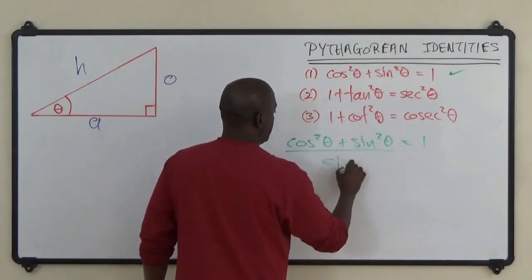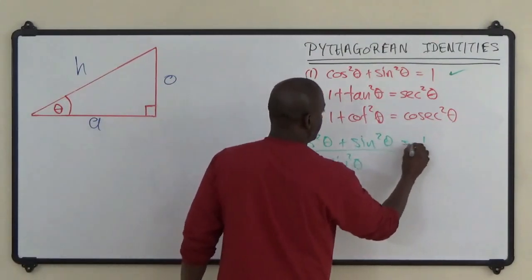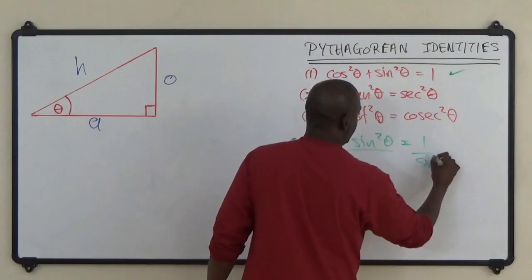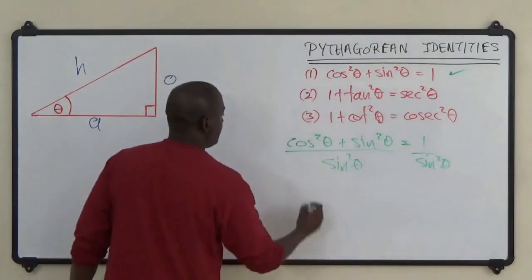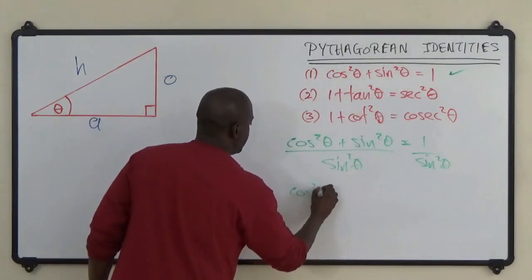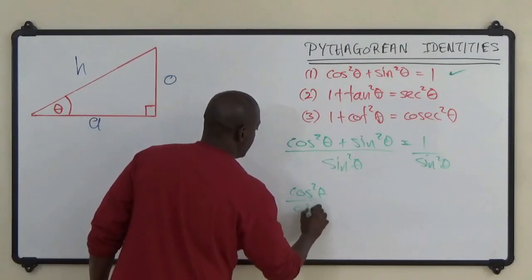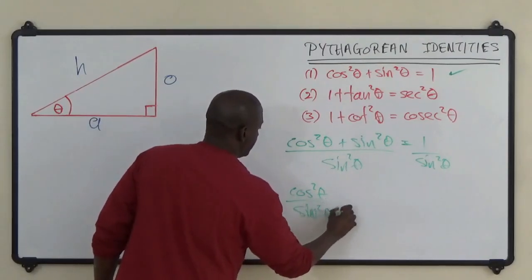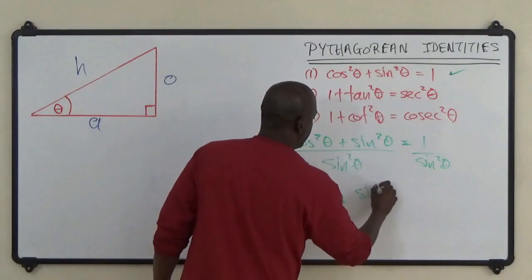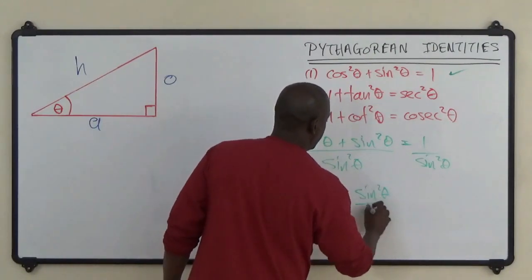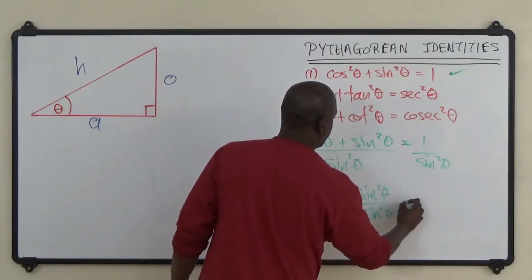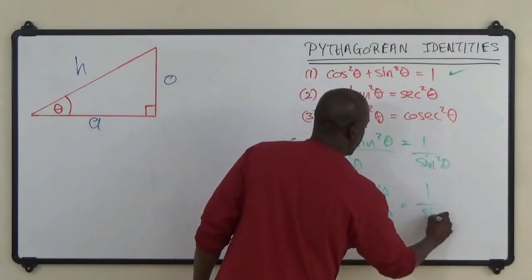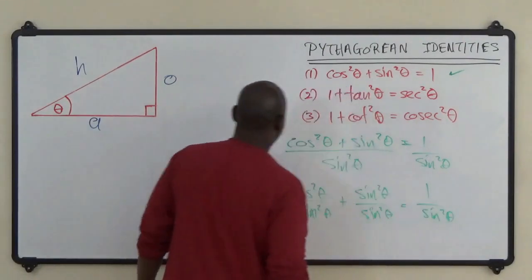All of this over sine squared theta is equal to 1 over sine squared theta. Which is equal to cosine squared theta over sine squared theta plus sine squared theta over sine squared theta, which is equal to 1 over sine squared theta.